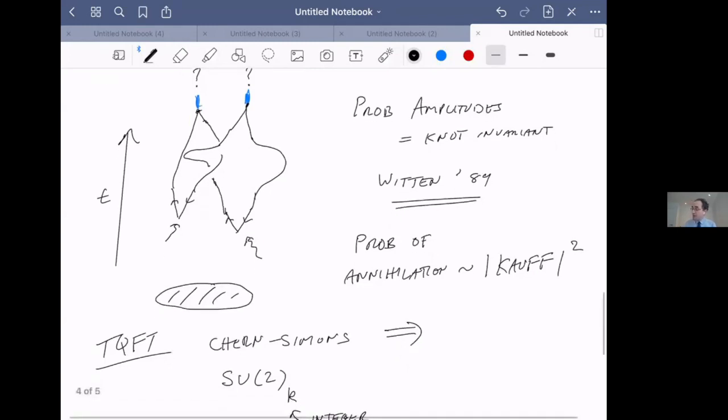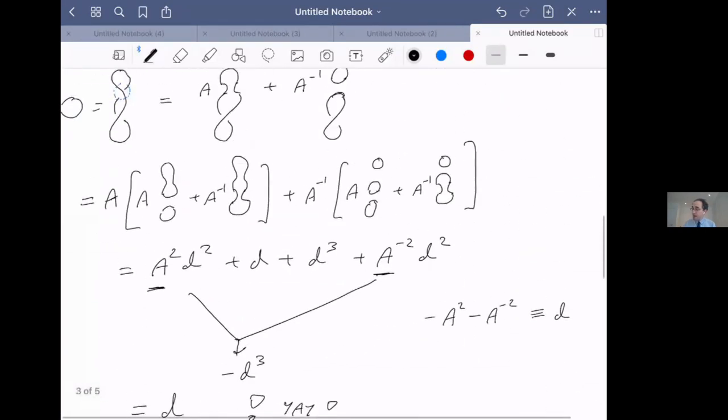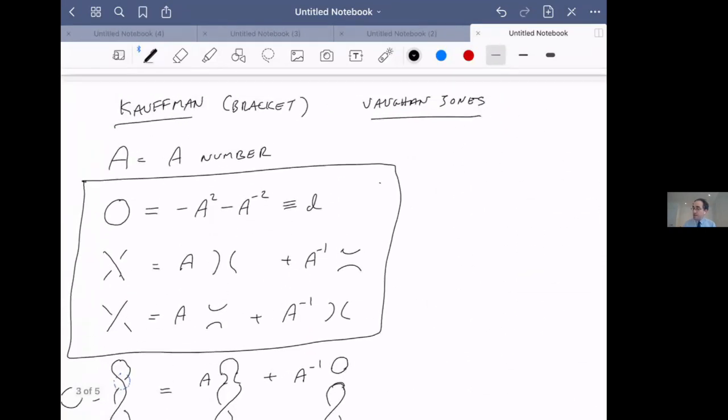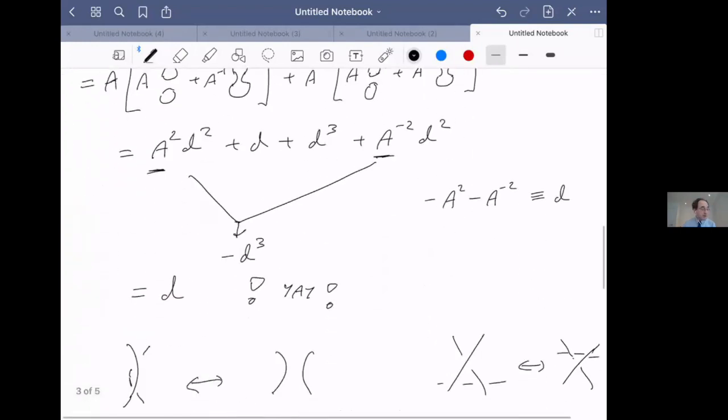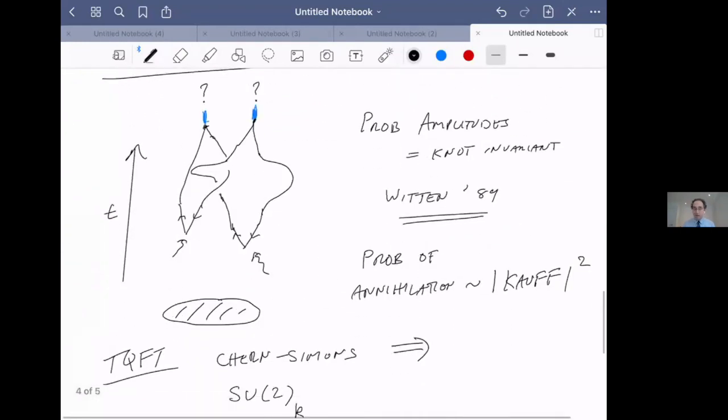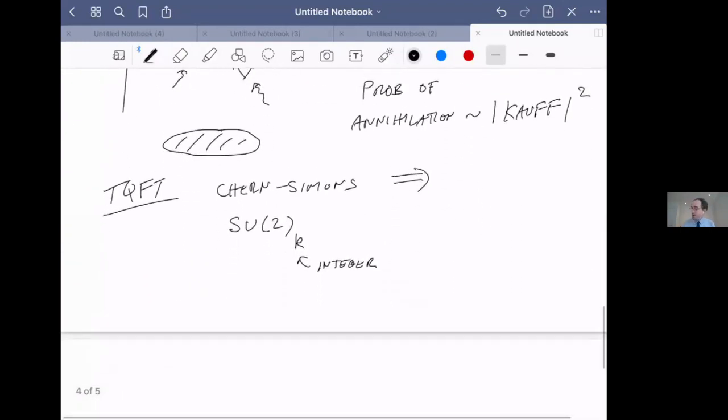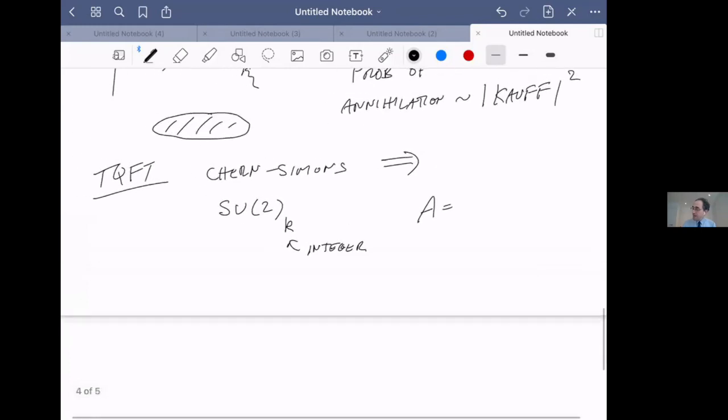The one more thing that you have to do is, if you remember where I defined the Kauffman invariant, we had to define a number here. So the number you have to insert in the Kauffman invariant depends on this integer K. It's A equals i e to the i pi over 2K plus 2.